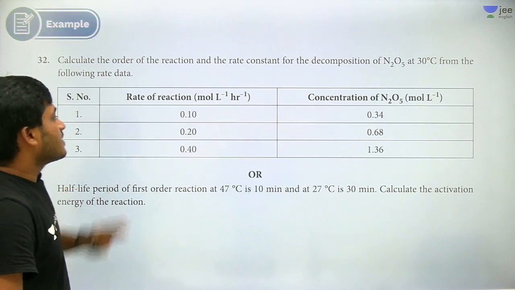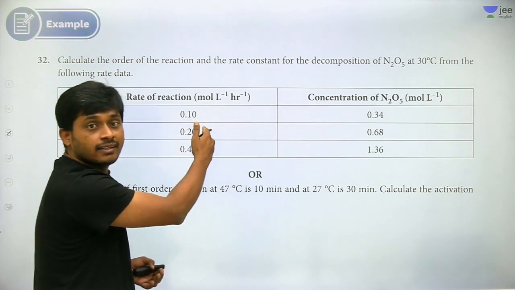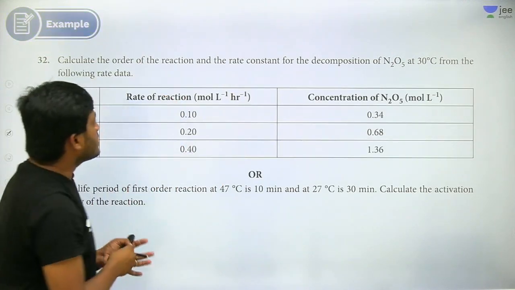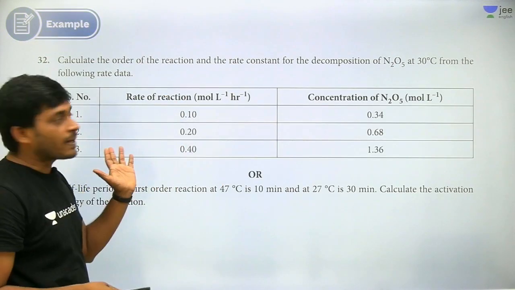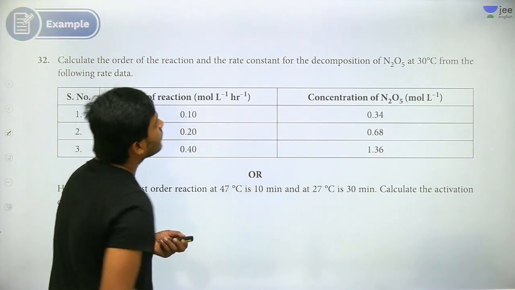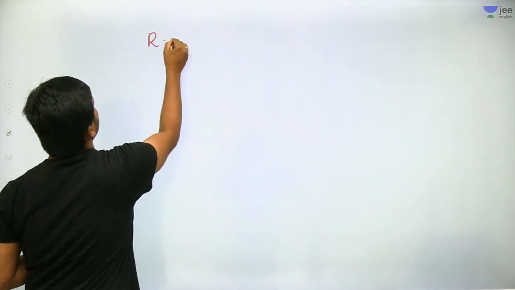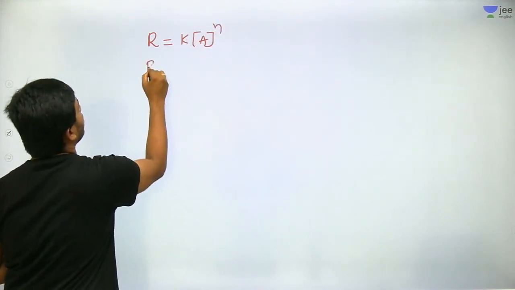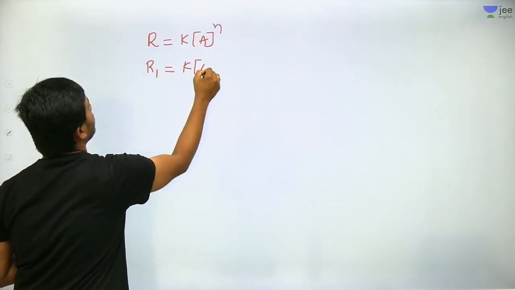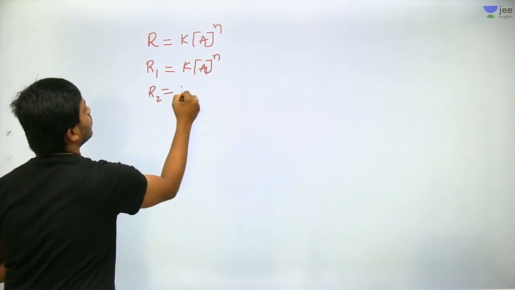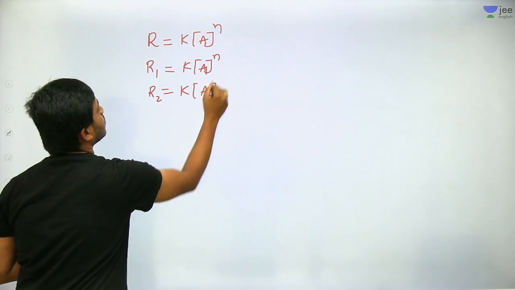Okay, let us see this. Rate is given, concentration is given, and at different times again rate is given in the second experiment and concentration is given. So what you have to do? Rate equals K into A power n. So R1 equals K into A1 power n. Substitute the values. R2 equals K into A2 power n.